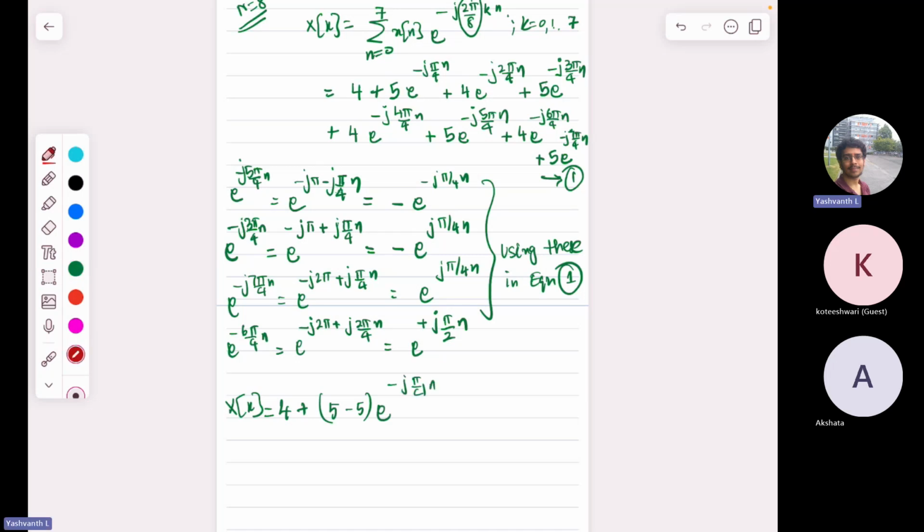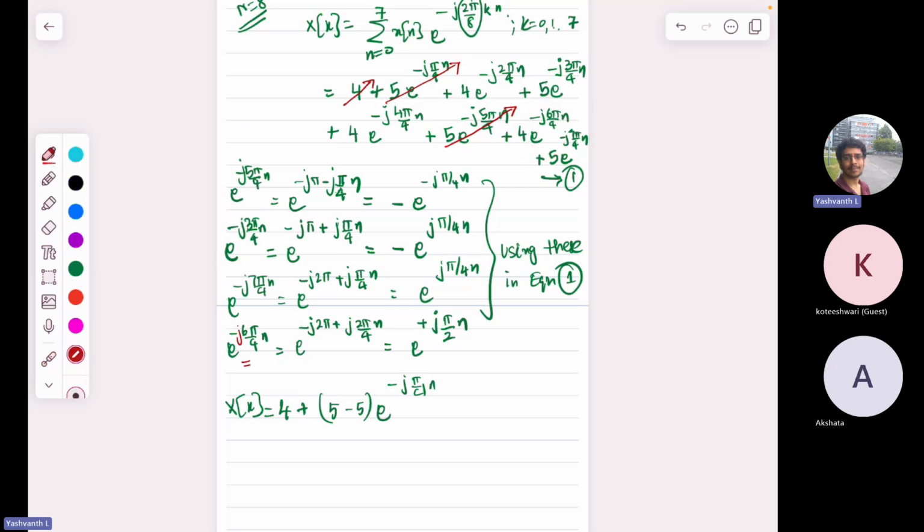So we took off this 4, we have finished this, we have finished this. Now what is left? This is e power j pi by 2n, and similarly we have e power plus j pi by 2n. So let's collect them. This is coming from e power minus j 6 pi by 4n, which is this term. The leading coefficient is 4 here, and here also it is 4.